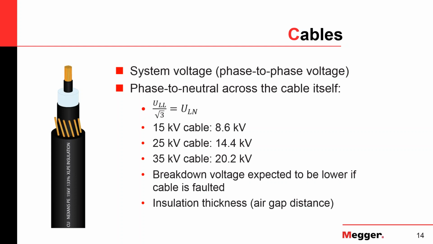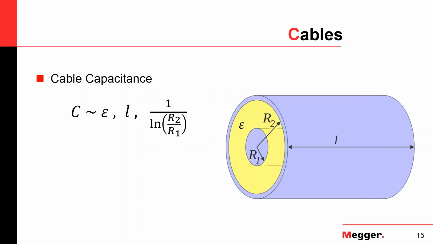And there is another thing that is related to this problem, the insulation thickness, because as we will see, certain methods rely on the ability to actually create a flashover artificially at the fault location to locate the fault. And the air gap distance, that means the distance between the conductor and the neutral, can play a role in that.